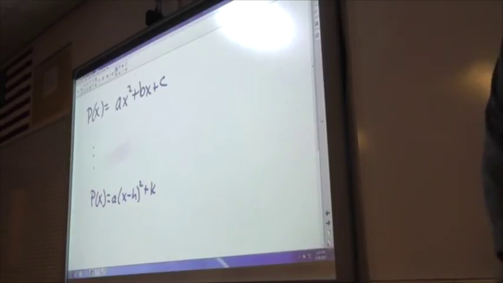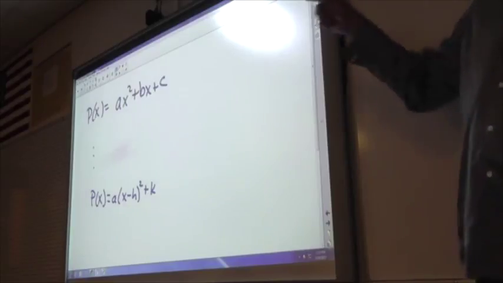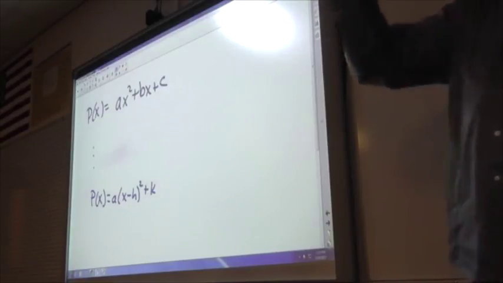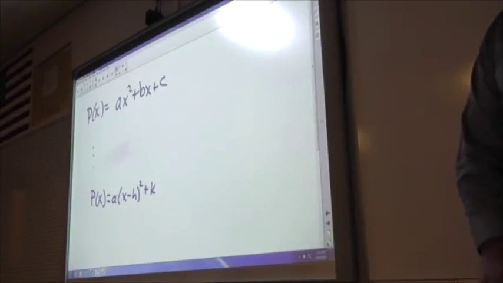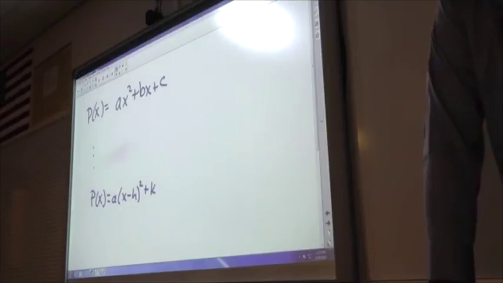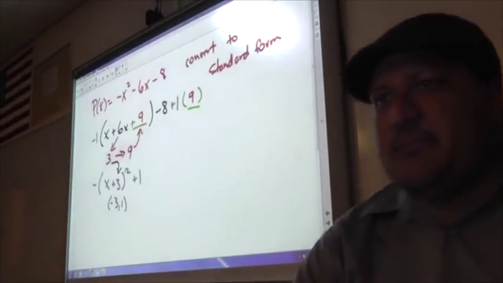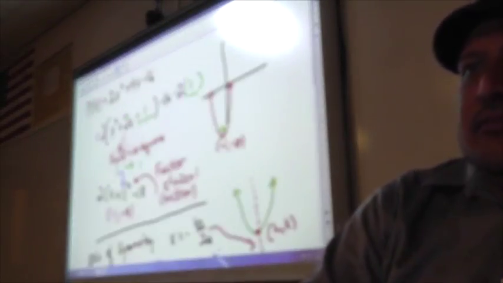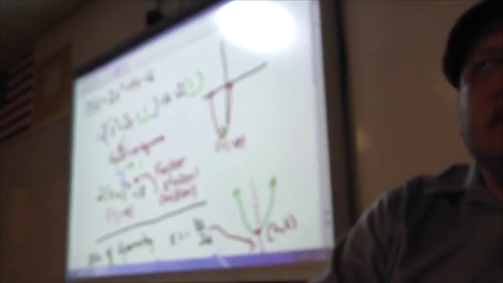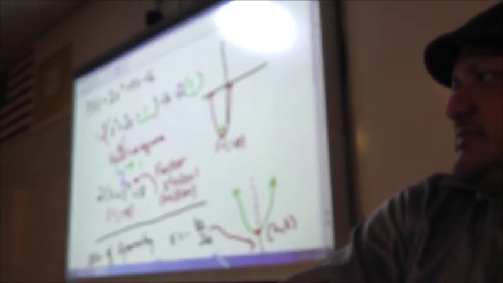No one's writing. This is exactly the same type of problem as the previous one. Exactly. Except different numbers. This problem is the same as this problem, is the same as this problem. They're all the same problem.